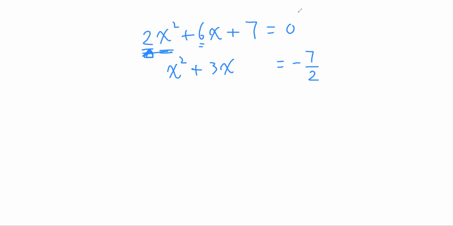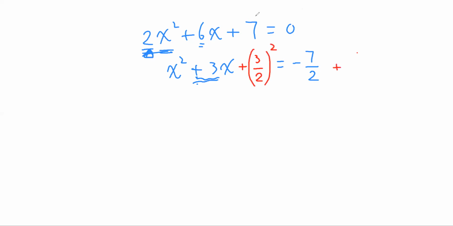All right, so we try to complete the square. What do we need to do? We know the b right here is +3. So we change it into +3 over 2. Half of it, and then square it.